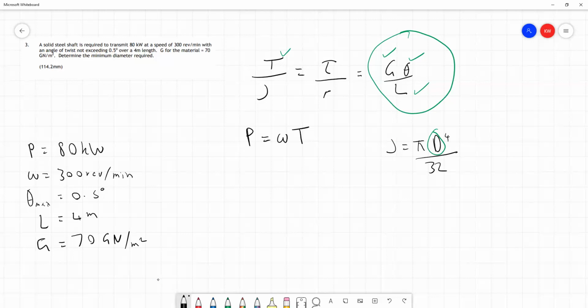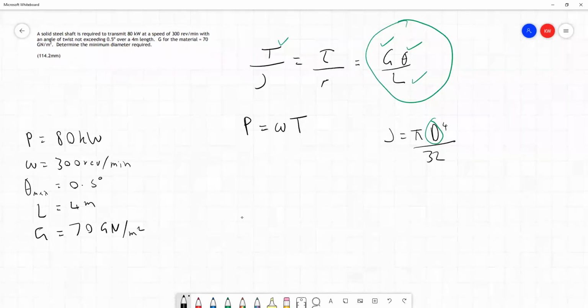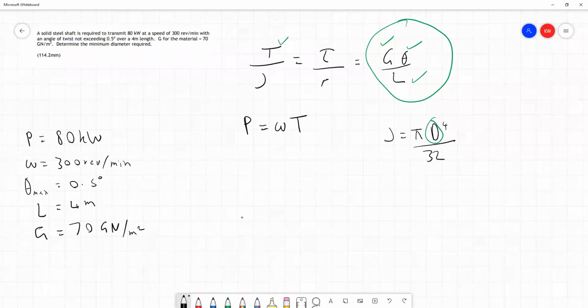So we know to use our formula for torsion. We need to work out, first of all, what the torque is. That's the clue: we've been given power and angular velocity, because the only purpose the two of them combined can serve us in this type of problem is to tell us the torque. So we start off by using this formula here. Power is 80 kilowatts.